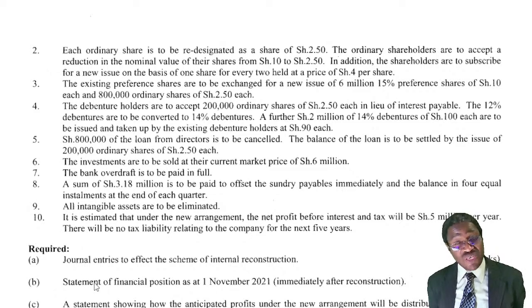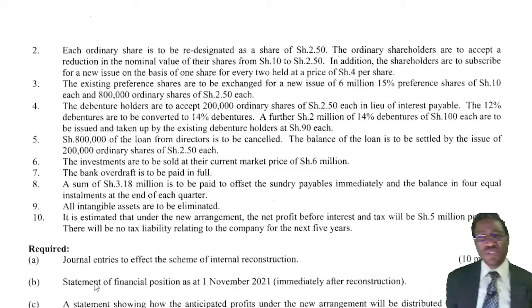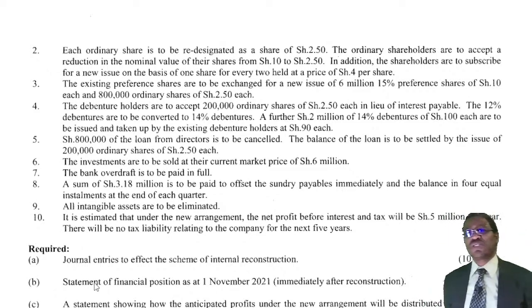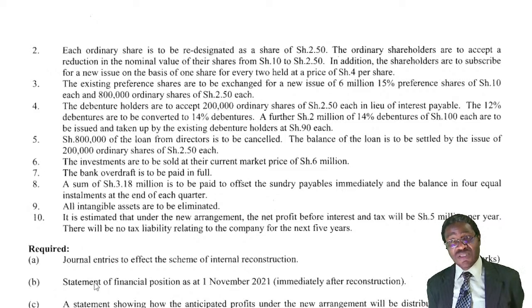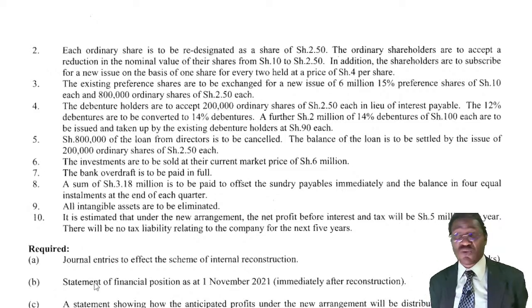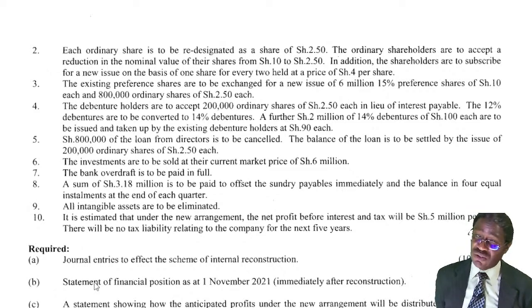They never issued 2 million debentures. They issued debentures worth shillings 2 million, which is 20,000 debentures of 100 shillings each.